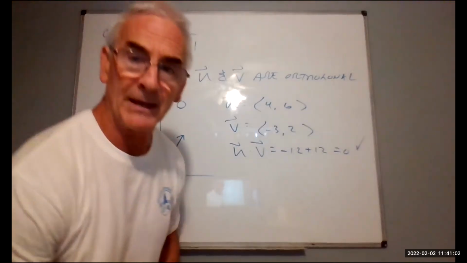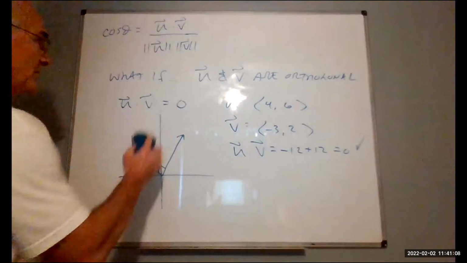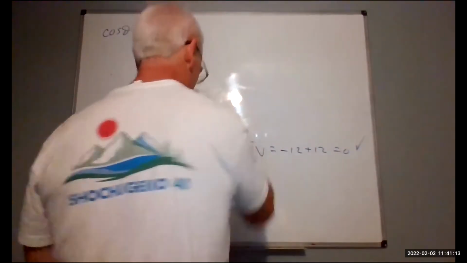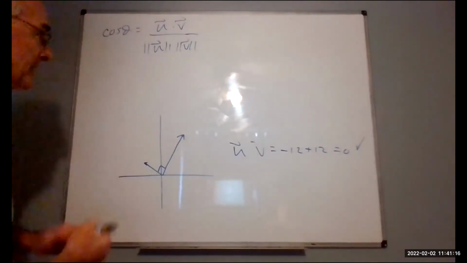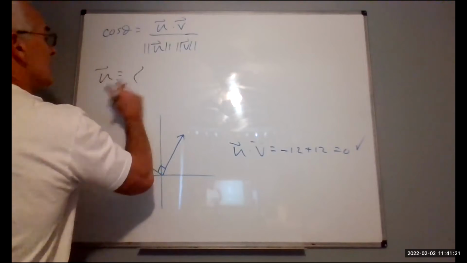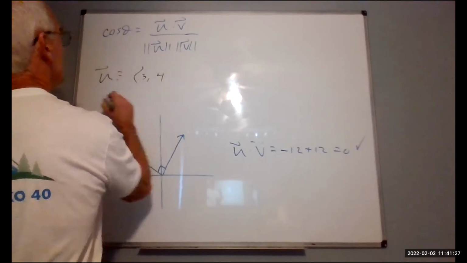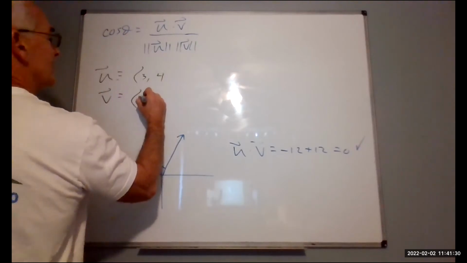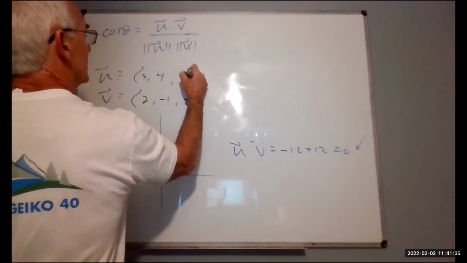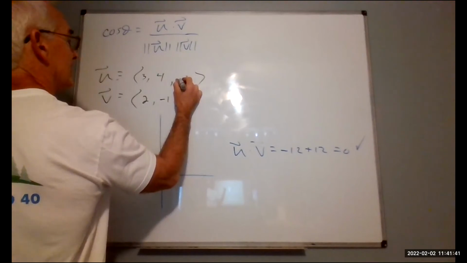I don't think any of us can picture two vectors in 3 dimensions, just every which way, and then also try to picture whether they're orthogonal or not, but it's the same thing. So let me use a different picture, or different circumstances. So what if vector u is (3, 2, 1)? Let's see. And v is maybe (-1, 2, 2).